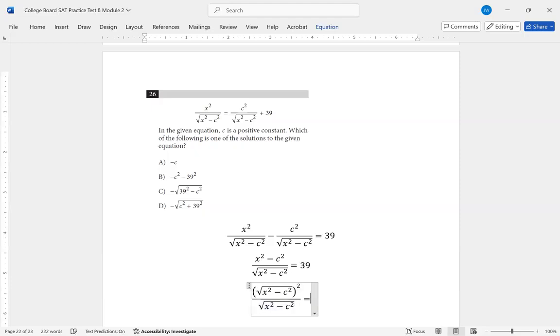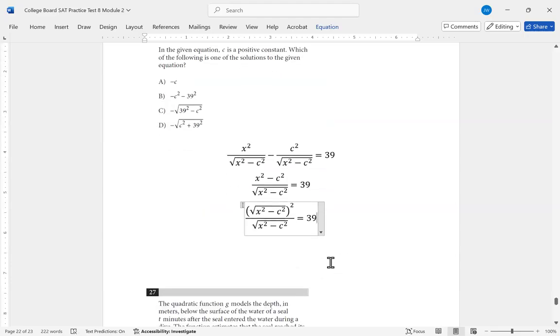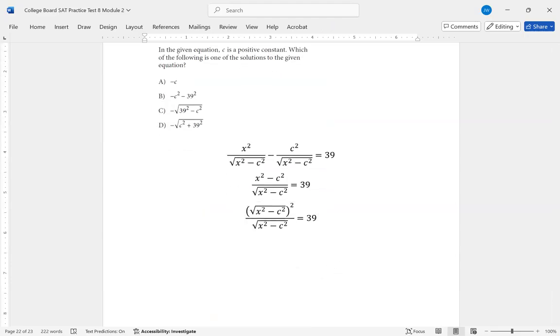If we do that, then I can cancel one copy of the square root in the numerator and one copy of the square root in the denominator to just give me that the single square root of x squared minus c squared is equal to 39. Now what I would do is solve for x here. So I'd square both sides. I would end up with x squared minus c squared is equal to 39 squared.